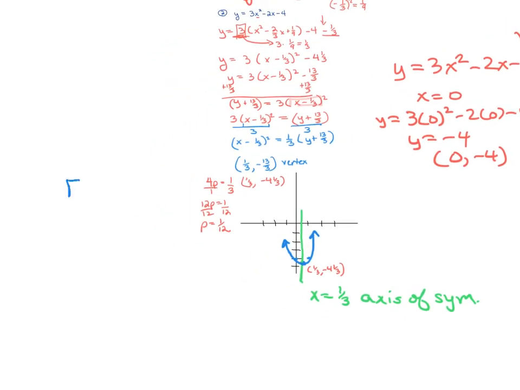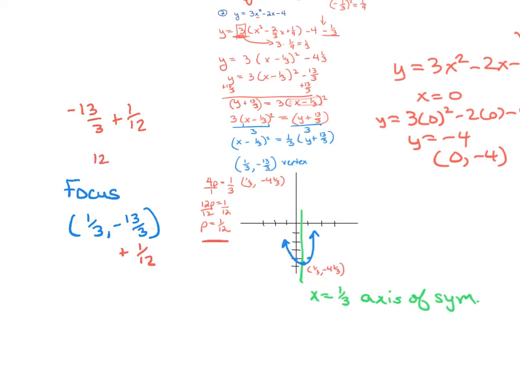So for the focus point, remember you take your vertex, which is 1/3 and negative 13/3. I'm now going to take the p-value. I add it to the non-squared term, which is the y. So I'm going to add 1/12 to negative 13/3. I need to find a common denominator.